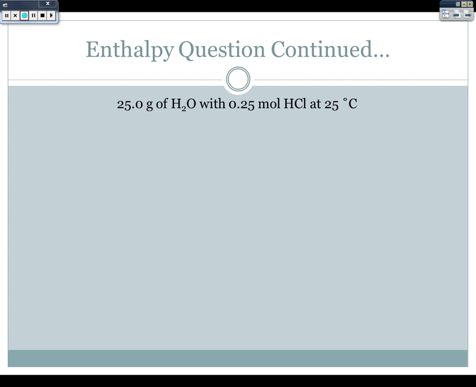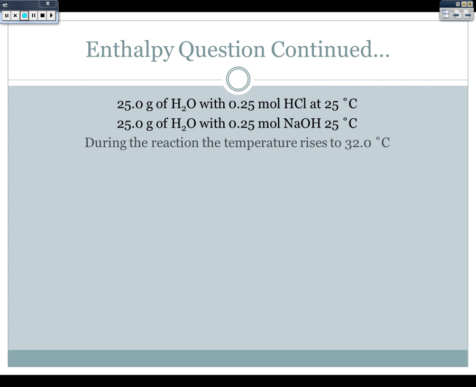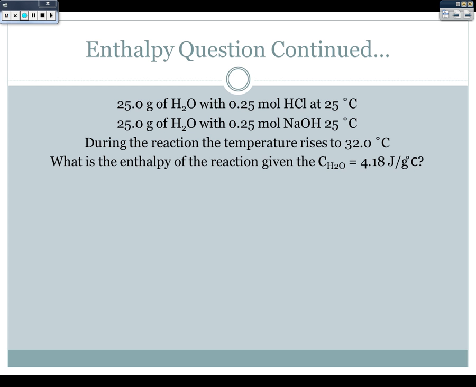So we've got 25 grams of water with 0.25 moles of HCl at 25 degrees Celsius, 25 grams of water with 0.25 moles of NaOH at 25 degrees Celsius. During the reaction, the temperature rises to 32 degrees Celsius, and we're supposed to figure out what the enthalpy of the reaction is given C is equal to 4.18 joules per gram degree Celsius.